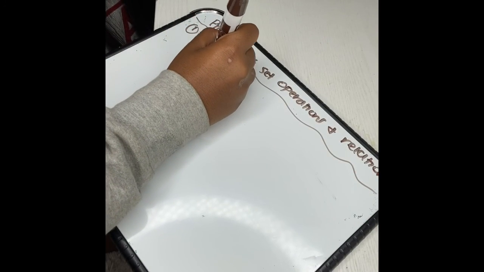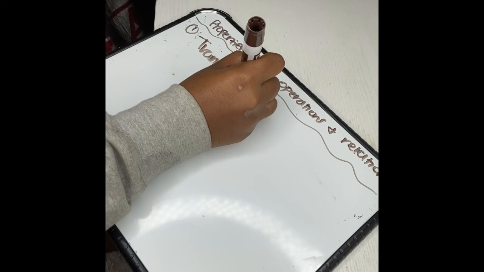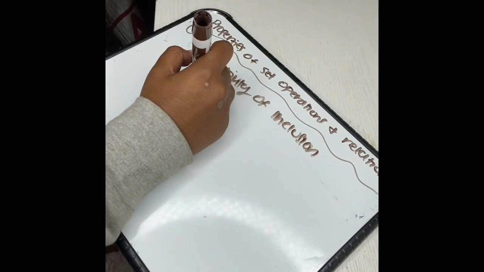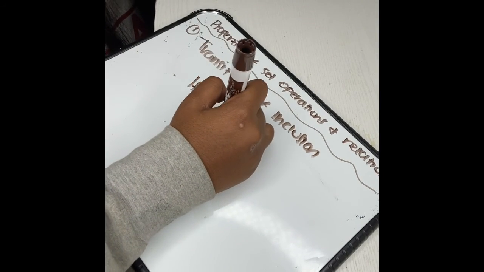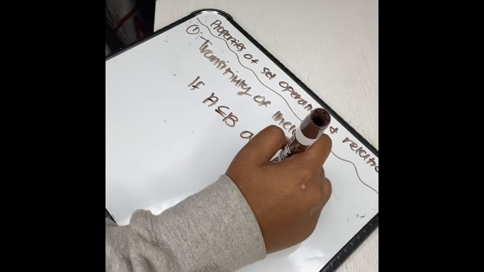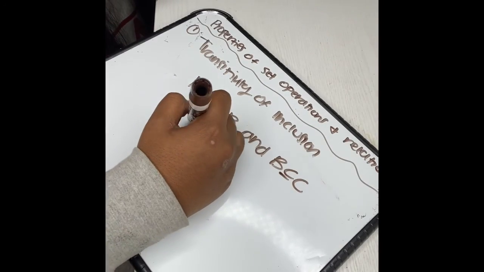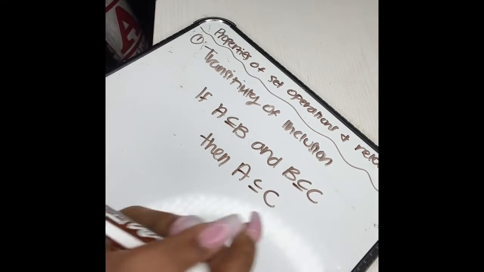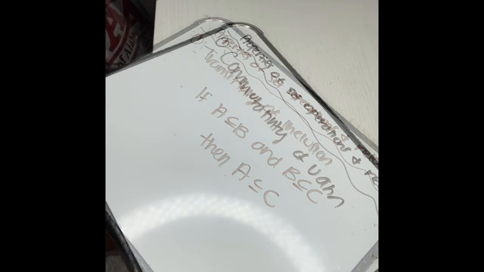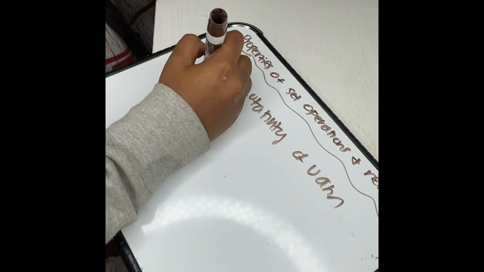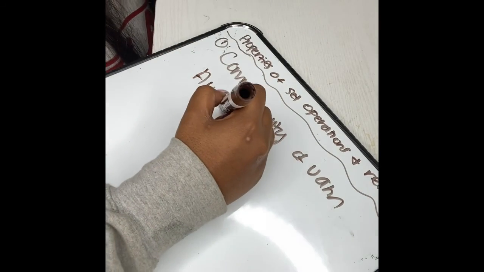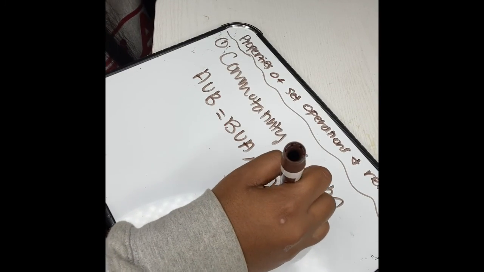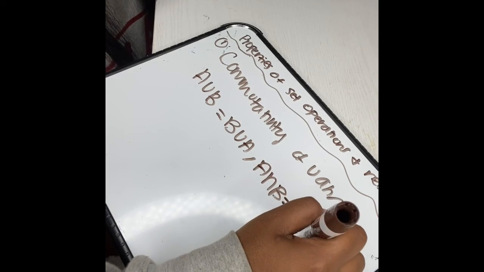For transitivity of inclusion, if A subset B and B subset C, then A will also be a subset of C. For commutativity, A union B equals B union A, and A intersect B equals B intersect A.